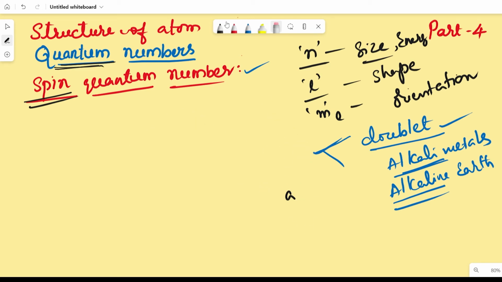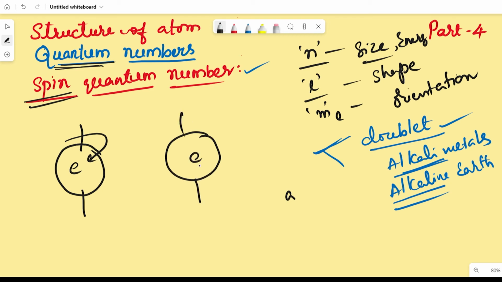For example, the electron will rotate in two types of spin. For example, this is an electron. There are two possible ways. The first one is called clockwise direction. The second one is called anti-clockwise direction. There are only two ways possible. So clockwise, anti-clockwise.